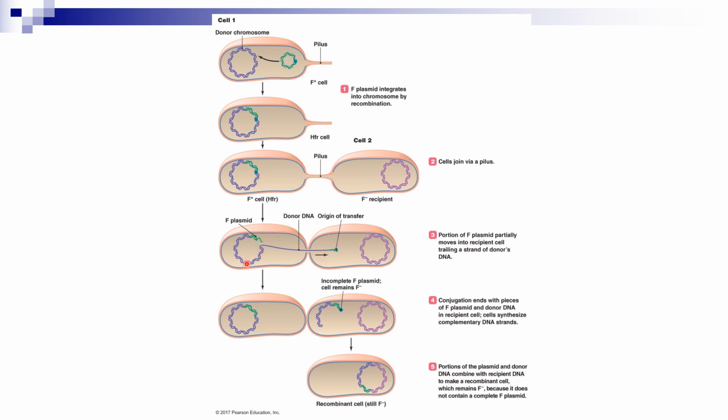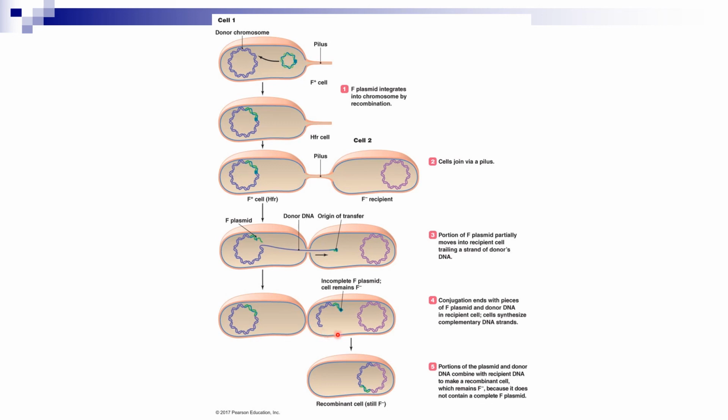This is being remade. But as it goes across here, once this bridge is broken, whatever has gotten across of that F plasmid is what's going to be there. So now we have mostly bacterial genome and only part of the F plasmid. The rest of the F plasmid remains in the bacterial genome of the original cell, the HFR cell.